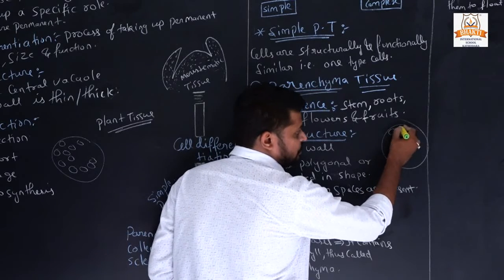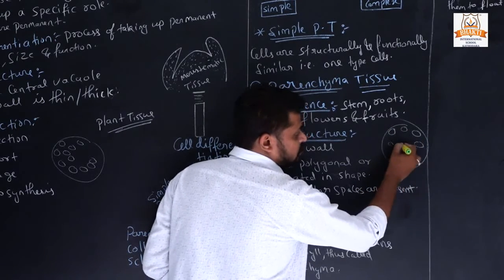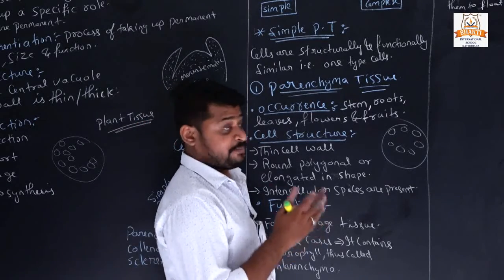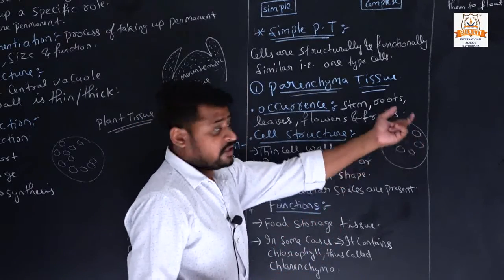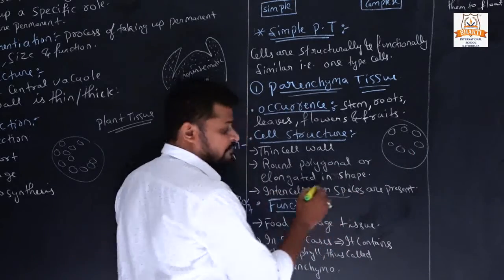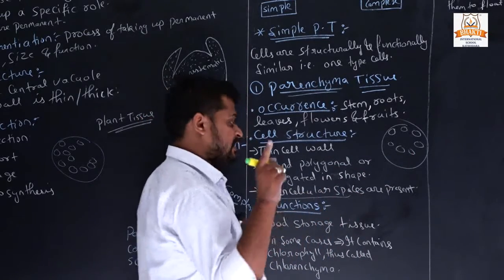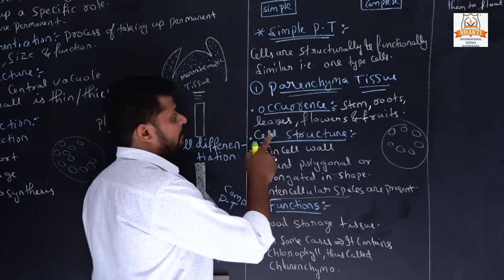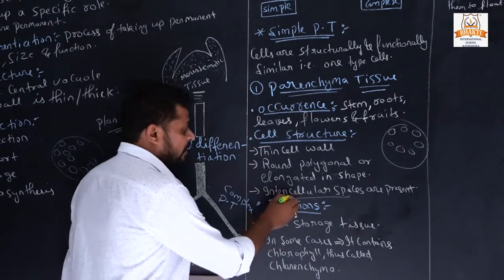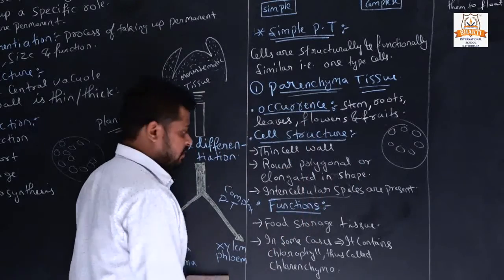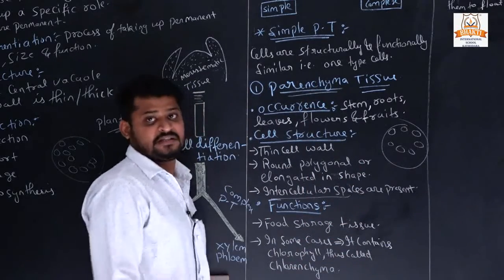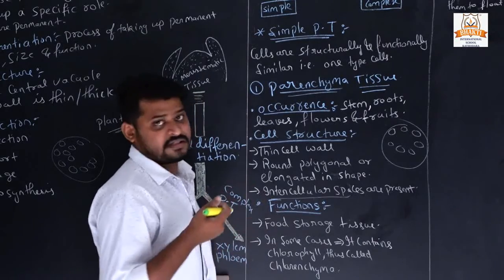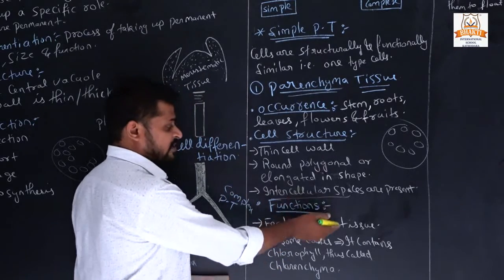In tissues where cells are found, the empty region, the space between the cells, is called the intercellular space. In meristematic tissue this space is absent. In permanent tissues, and in simple permanent tissue, in parenchyma tissue, intercellular spaces are present.